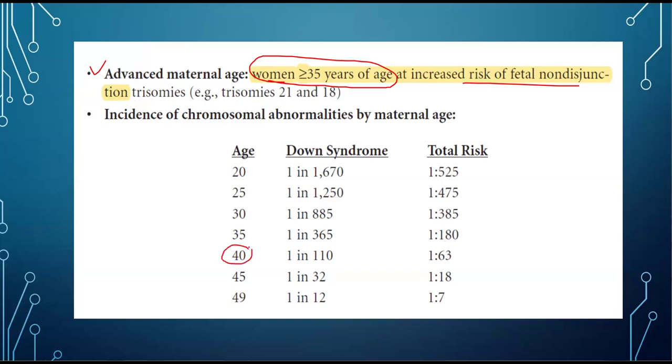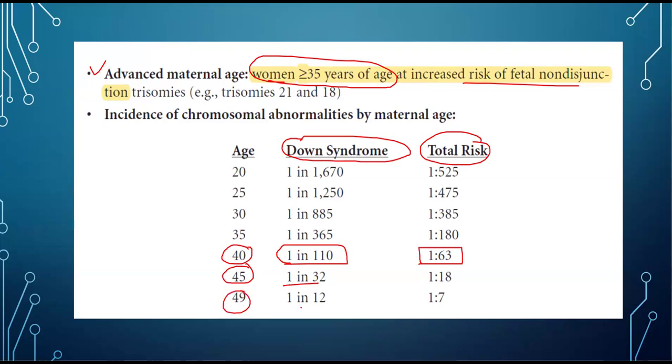So a woman who is 40 years old has a risk of a Down syndrome baby of 1 in 110, and a total risk of 1 in 63. The total risk is the risk of having a baby with any chromosomal abnormality, and this is the Down syndrome risk. So 1 in 110 is really high, right?